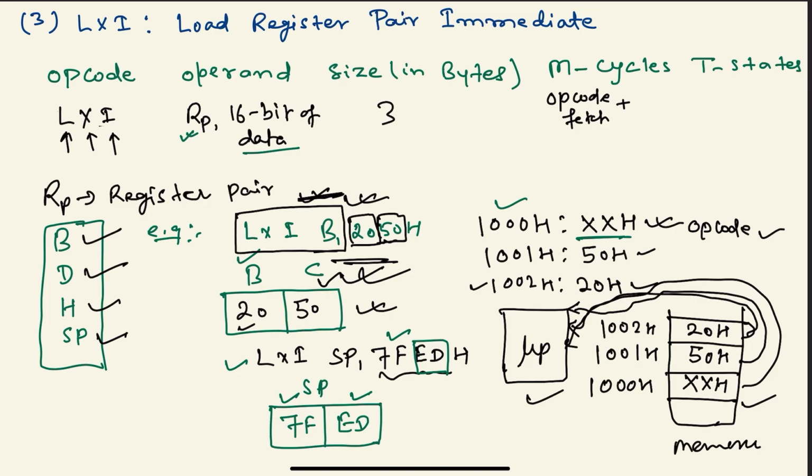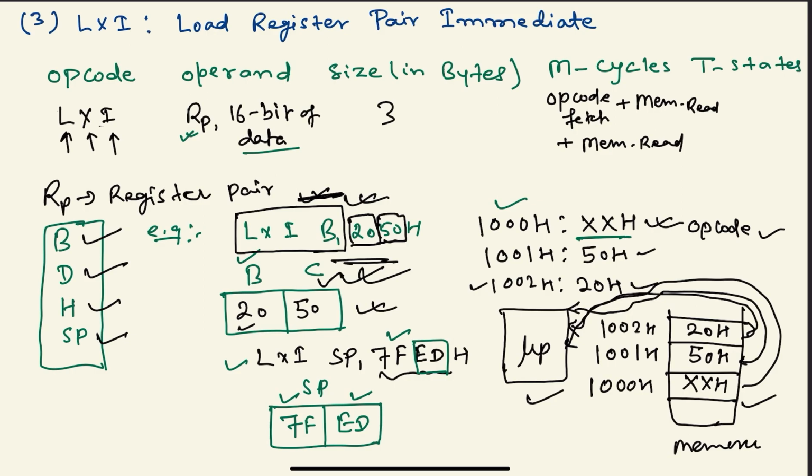So these make up the instruction cycle. It means opcode fetch, and then memory read of 50H is another machine cycle, memory read, and again one more time we need to read the higher byte, 20H. So this is another memory read.